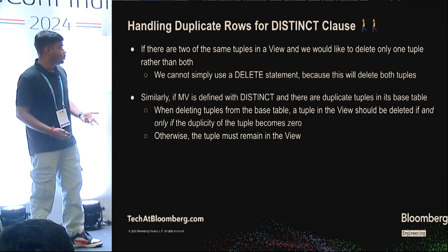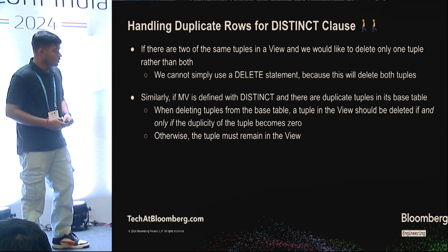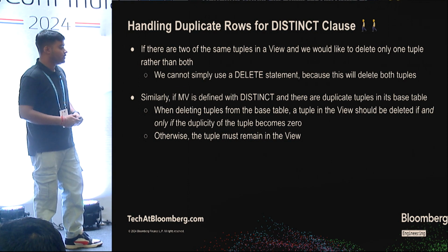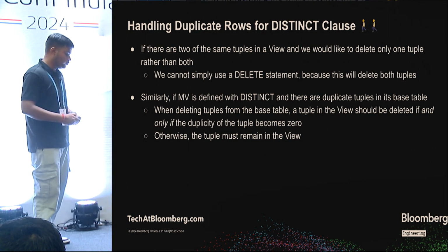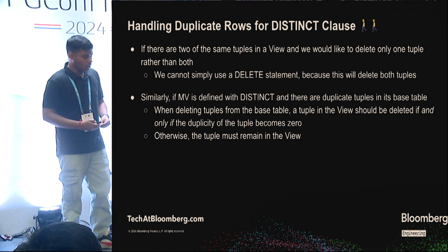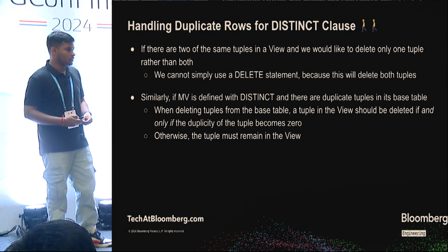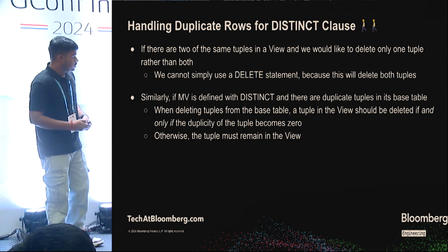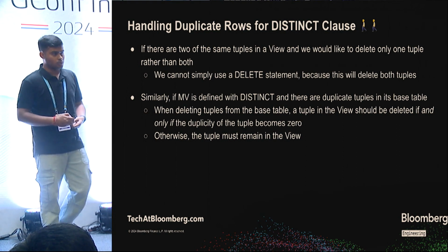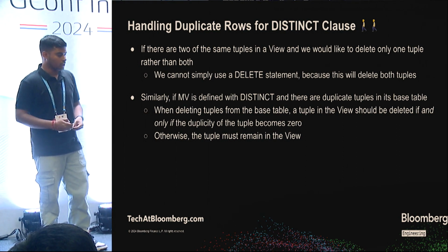So how are we going to handle duplicate rows for the distinct clause? There can be a case when our view definition has the distinct clause, but the base table has duplicate rows. So we can't just directly go and delete the rows that were affected during the updates.